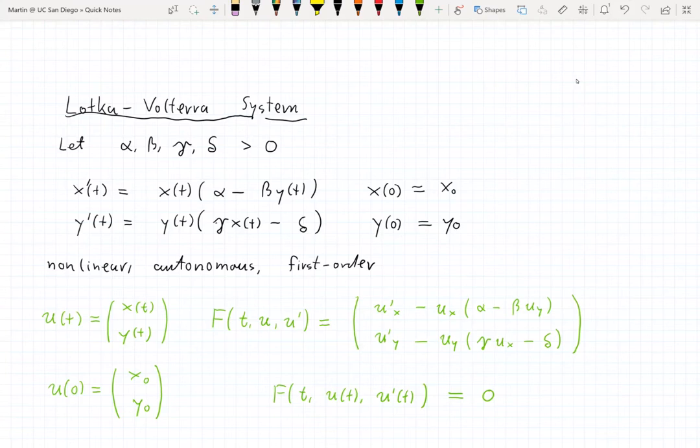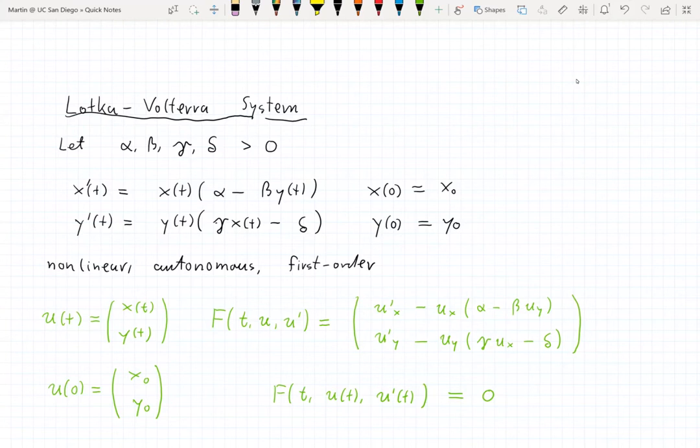Now let us have another look at the Lotka-Volterra system. We fix constants alpha, beta, gamma, and delta larger than 0, and take a look at the following initial value problem.